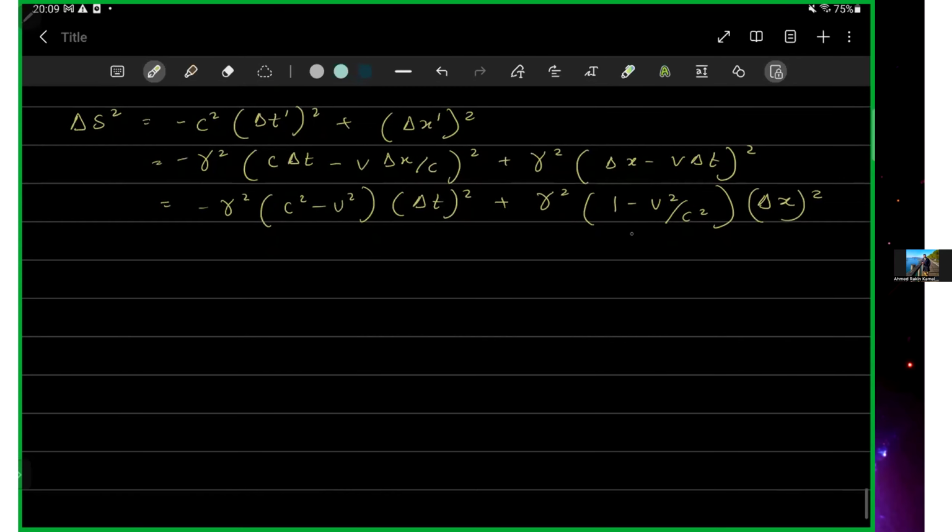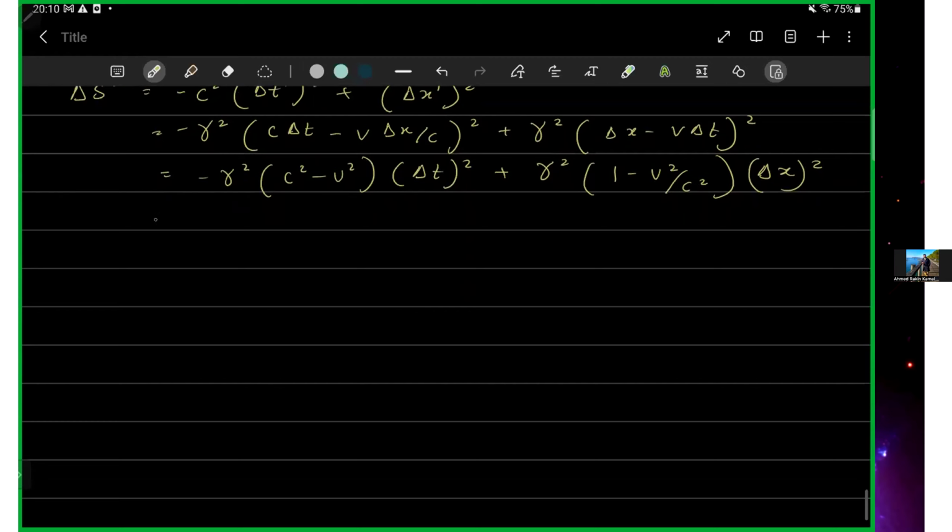Now, this is just the inverse of gamma squared, right? This part. So therefore, they go away because they give you 1. And for this part, I will have just c squared left. And for that, you will have finally minus c squared delta t squared plus delta x squared, which is exactly what we started with, right?